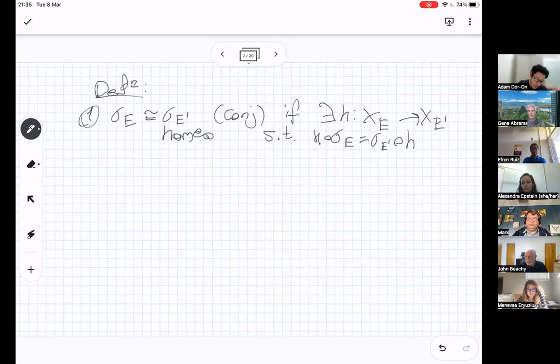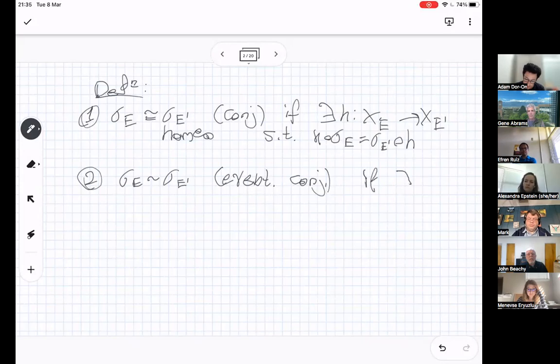And there is a natural weakening of this, which is called eventual conjugacy, which means that starting from some n, we have conjugacy of iterations of the systems. And notice that this doesn't necessarily have to happen with the same homeomorphism. Every time you take a different iteration, there could be a different kind of homeomorphism.